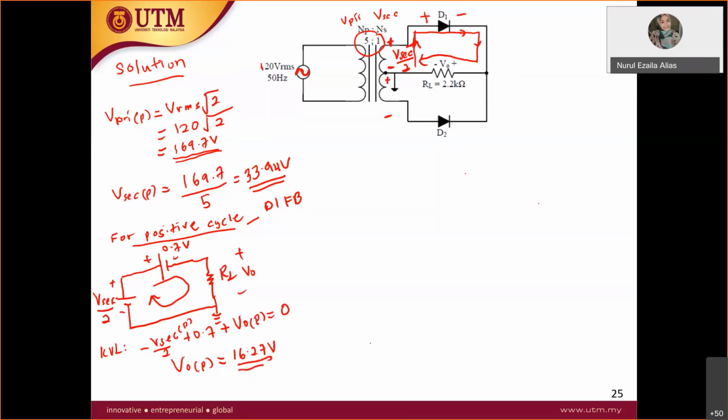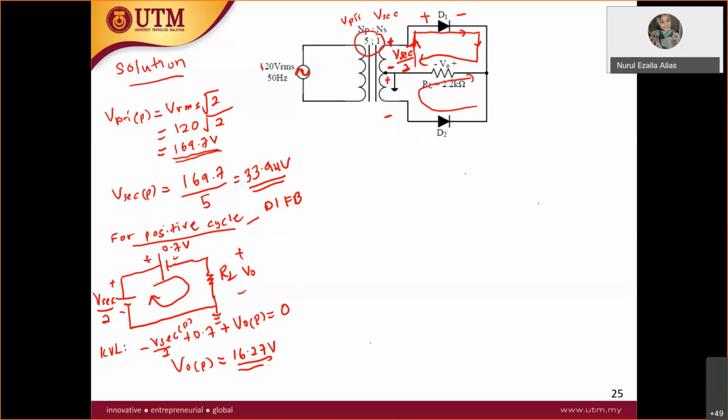We don't want to give you a headache, so let's just glance through what happened to D2 here. Since this is plus and this is minus, it is vice versa; the current connection is vice versa, so it will go in this direction.